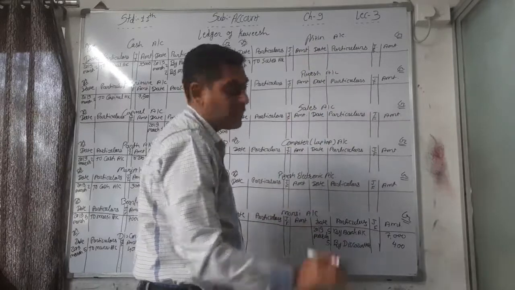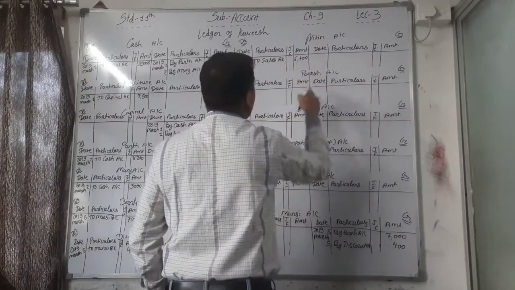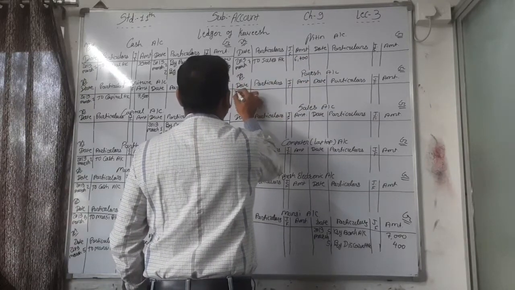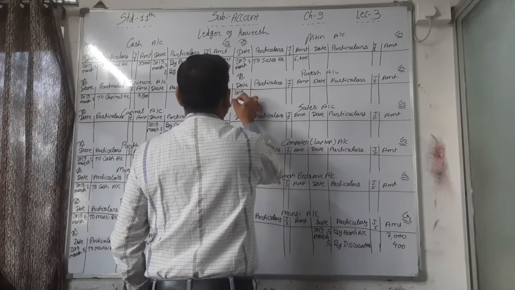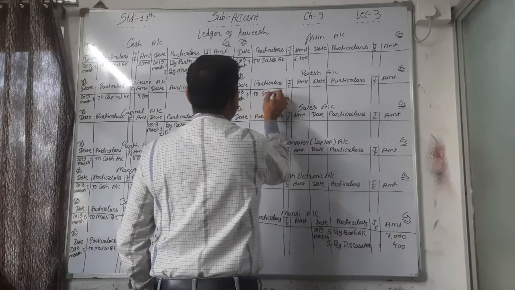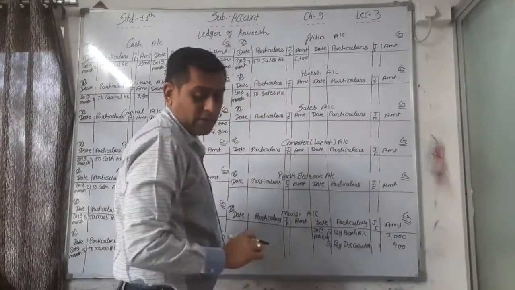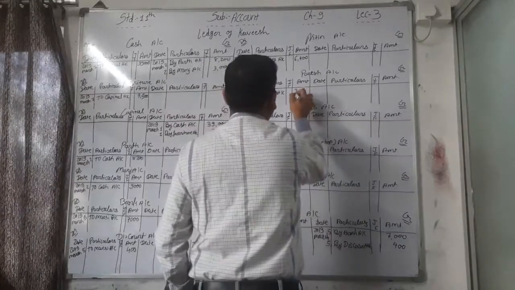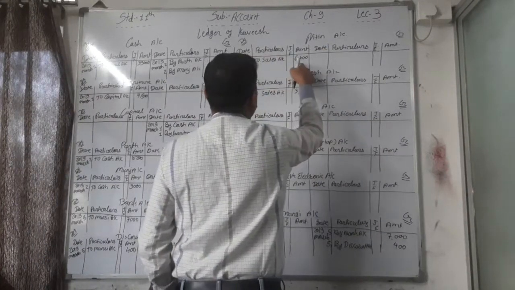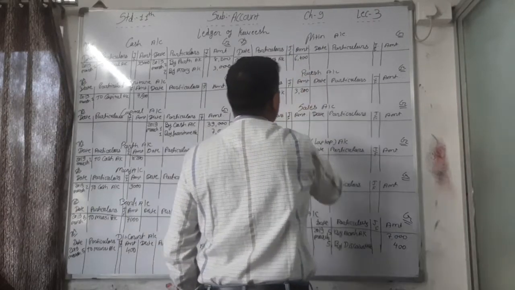Nitin amount is 6,400, so here we write down 6,400. Paresh account debit side to sales account, but the amount is taken as the Paresh amount, that is 3,200. Nitin account debit side to sales account 6,400, Paresh account debit side to sales account 3,200.